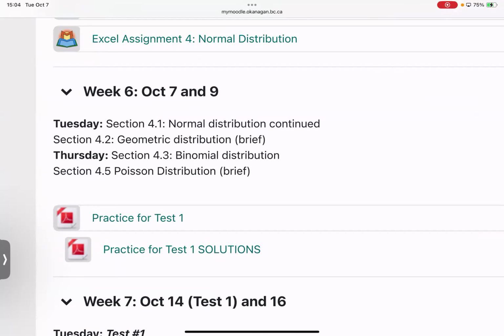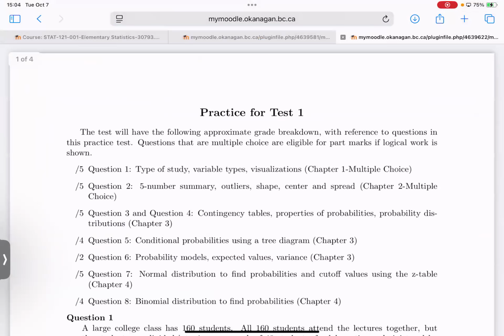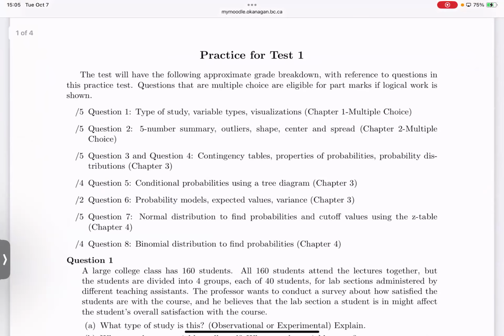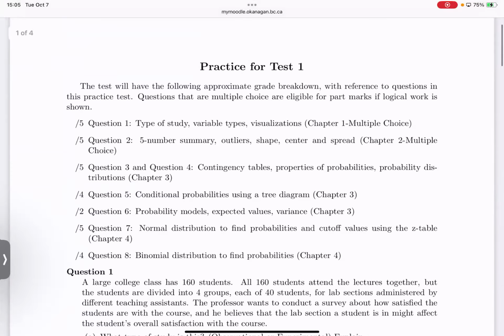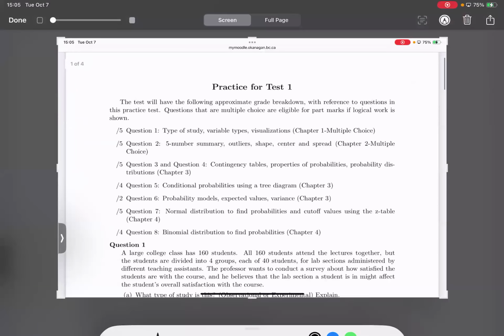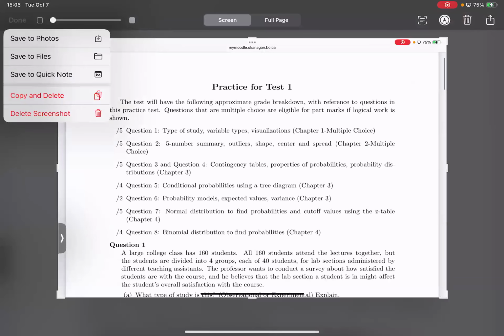I did post practice for test 1. I'm being lazy, I know, bad. For the practice for test 1, I give an approximate breakdown of the grades. Now this is an old breakdown, which includes the random variables, which I will not test you on. I'm going to screenshot this and bring it in.